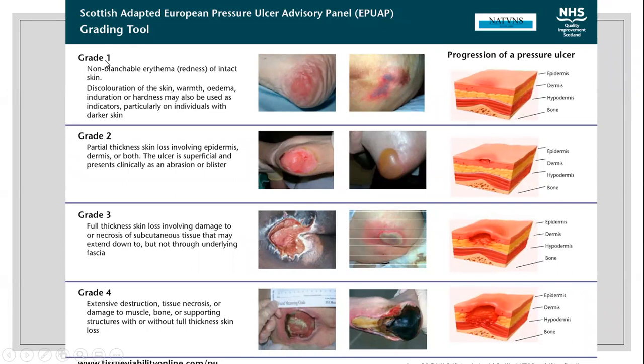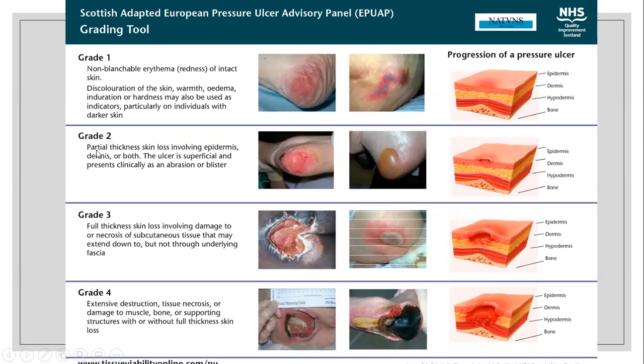So in case of grade 1, the skin is damaged but intact. So non-blanchable erythema, redness, and intact skin. Discoloration of the skin, edema, induration or hardness may also be used as an indication, particularly on individuals with darkened skin.